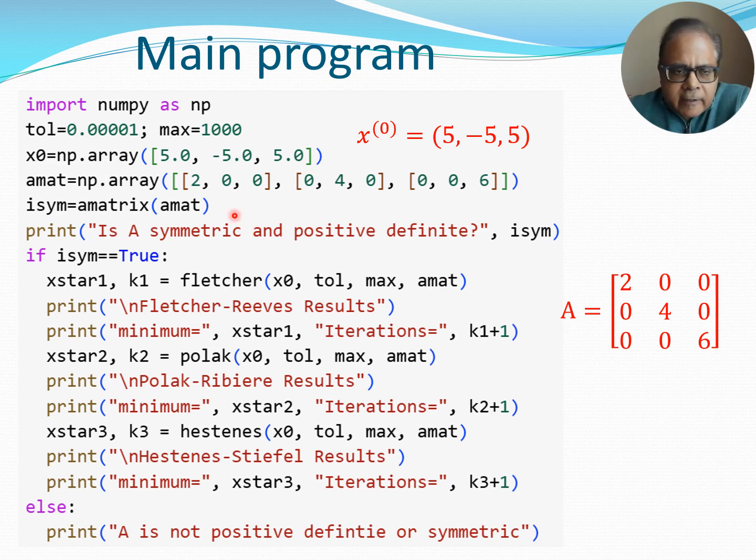Now at this point, I call that particular function, which is A mat, and that's going to give me back a value, true or not. So if A is symmetric and positive definite, I'm going to get true. If not, I'm going to get false. Then I use this fact here. If this particular statement is true, that is A is symmetric and positive definite, then I call these three functions here and I get the solutions for Fletcher-Reeves, Polak-Ribiere and Hestenes-Stiefel.